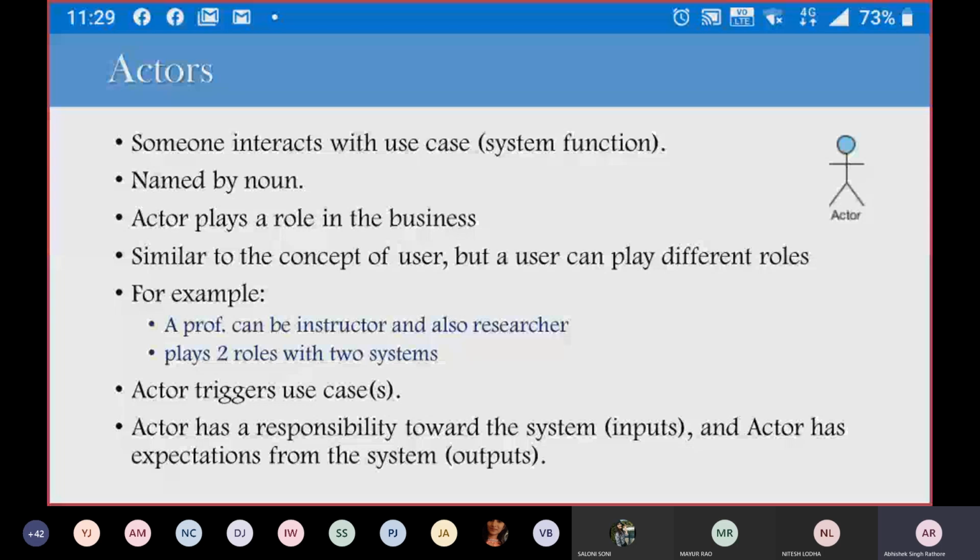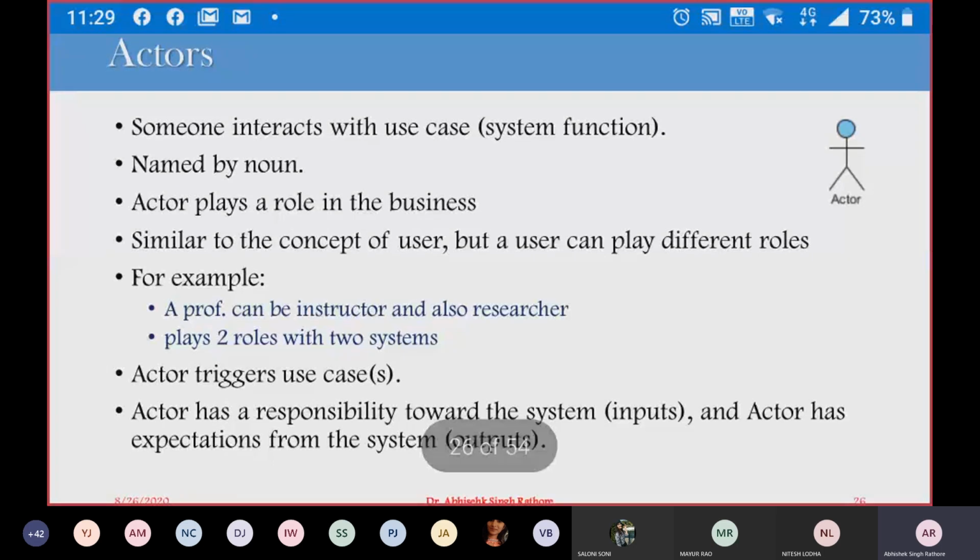So an actor can play two or many roles, or we can have many actors playing a similar type of role. So we can group actors. For example, a professor can be an instructor or can also be a researcher. So different roles are available. So who is the actor? The actor uses the functionality of the system, triggers your use cases, calls your use cases.